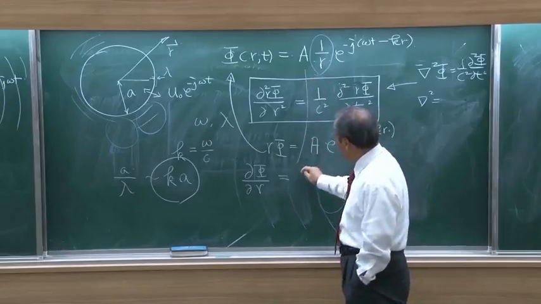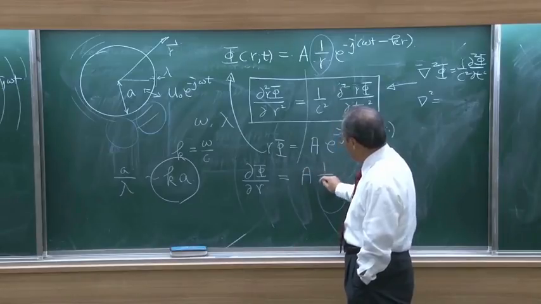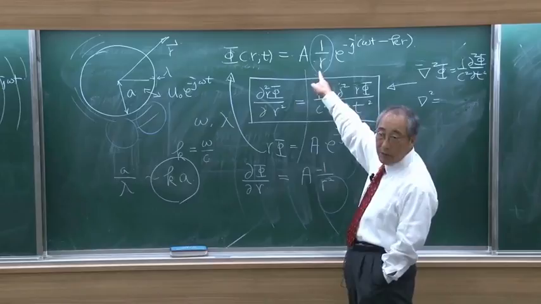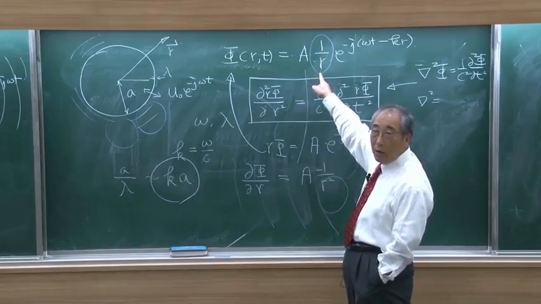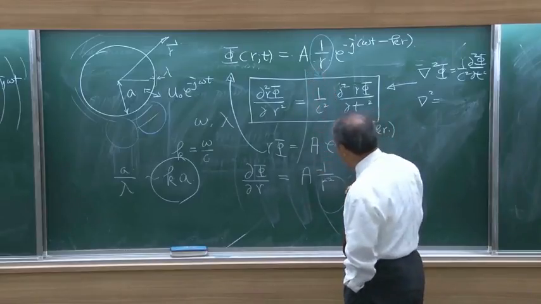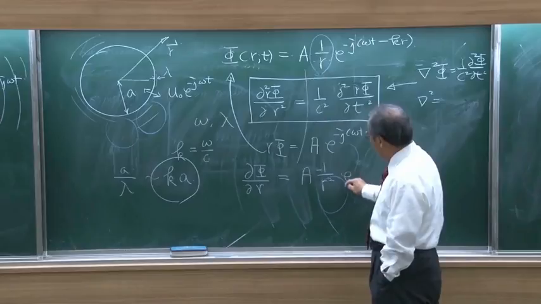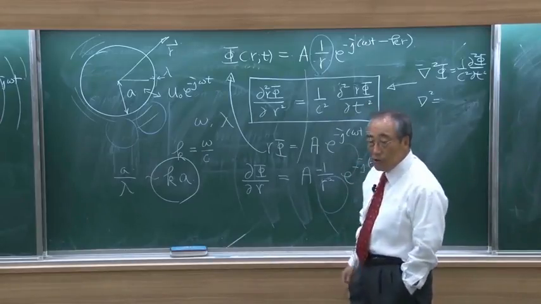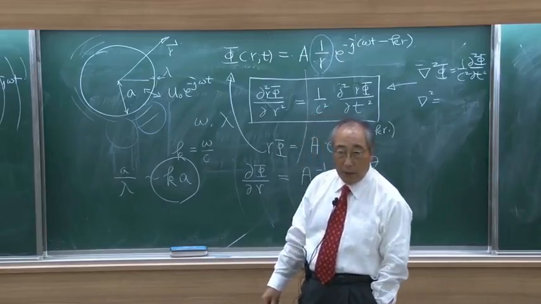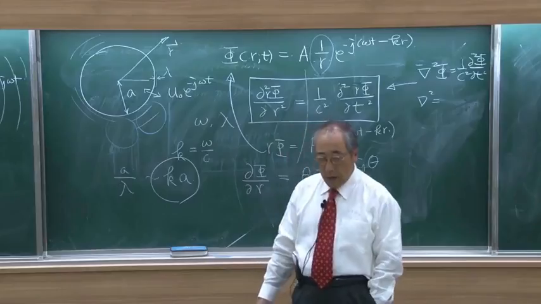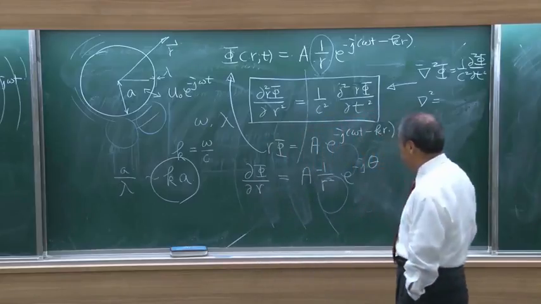This will give me a 1 over r squared term: taking the derivative of 1 over r gives minus 1 over r squared, and then I have exponential minus j theta, where theta is simply the abbreviation of omega t minus kr.